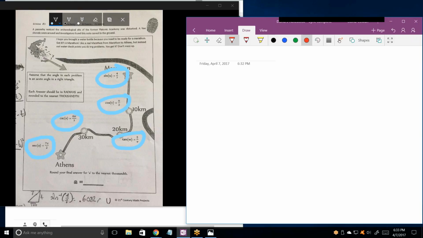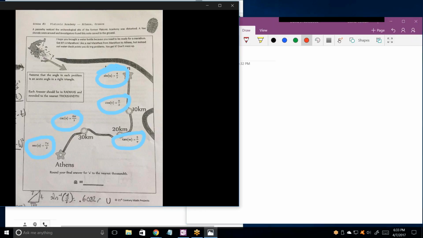In the little box in the middle left, it says each answer should be in radians. So I calculate the inverse sine and then just don't convert it to degrees. You can start in radians and finish in radians. That's the way to do it.